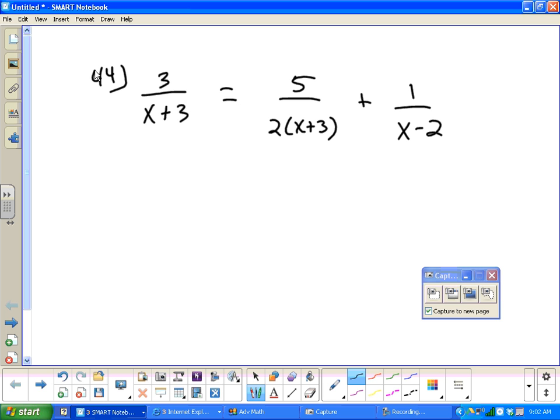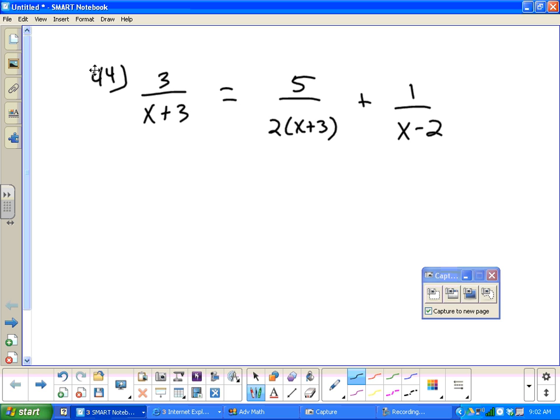Okay. So now, let's talk about our common denominator. Notice, in that one, the 2 is called a monomial factor, right? That's the only monomial factor that you have, isn't it? So we'll have 2. What else am I going to have in my common denominator? 2, we said that one. X plus 3 and x minus 2.